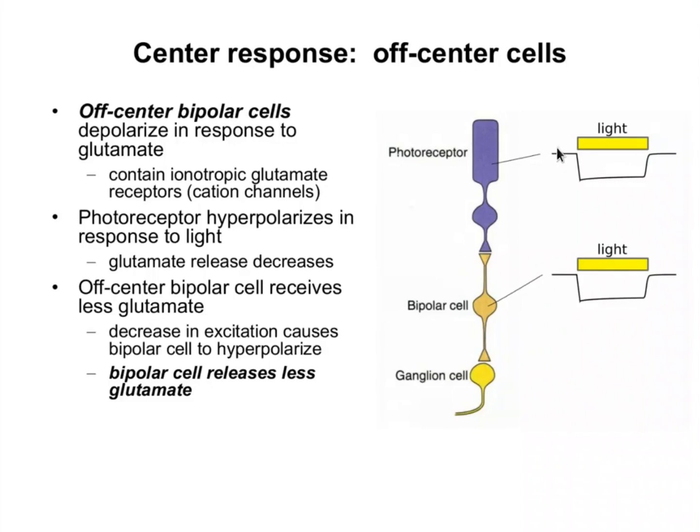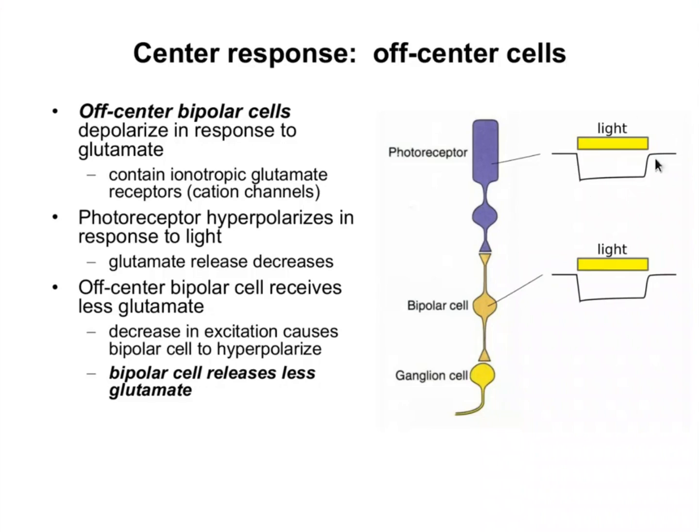Now, the off-center bipolar cell is normally going to be depolarized by glutamate because it contains conventional ionotropic glutamate receptors. So in the dark, in the absence of any light stimulation of the photoreceptor, the off-center bipolar cell is receiving a constant glutamate input that's keeping the off-center bipolar cell depolarized in the absence of light stimulation.